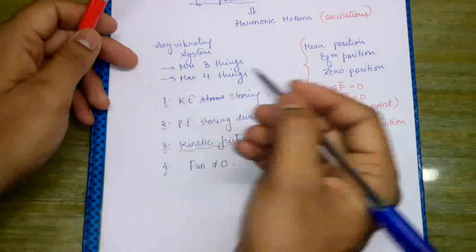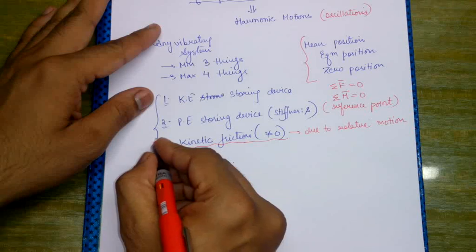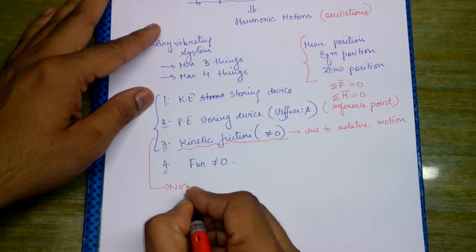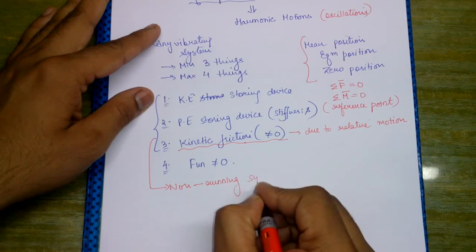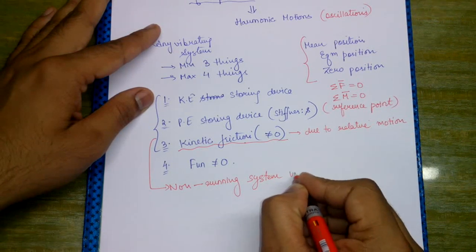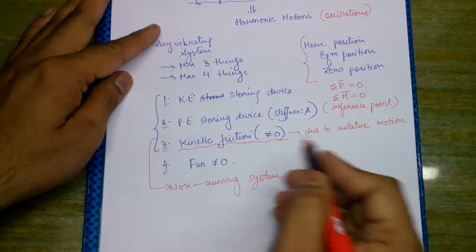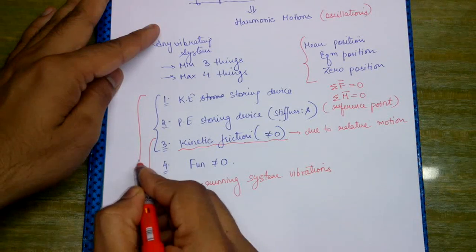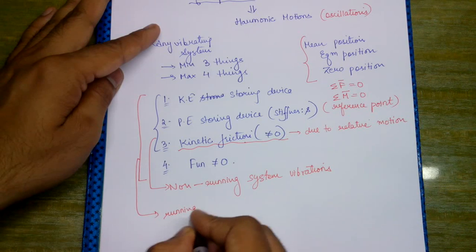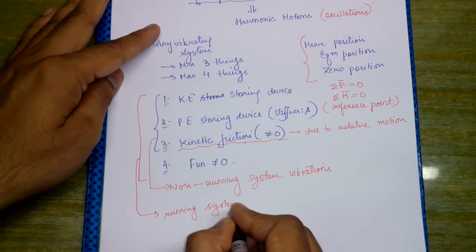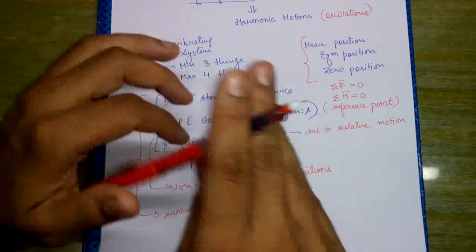Okay, actually these first 3 parameters correspond to the non-running system vibrations. They are also called non-running system vibrations. And all these 4 actually constitute running system vibrations. Okay, running system vibrations.